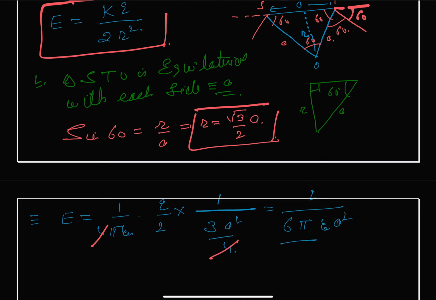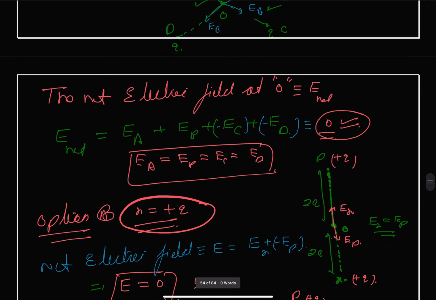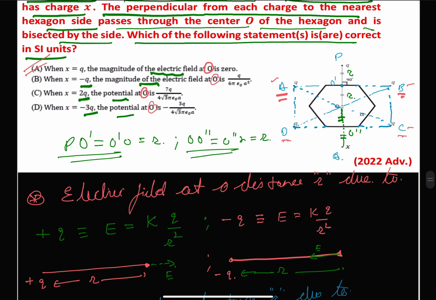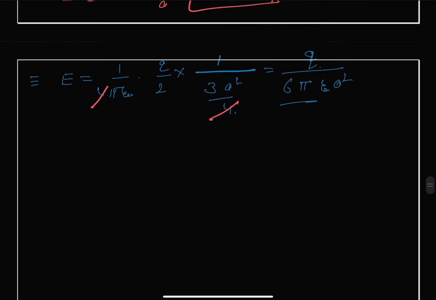So this will be the net electric field, Q upon 6 pi epsilon naught A square. Option B is correct.